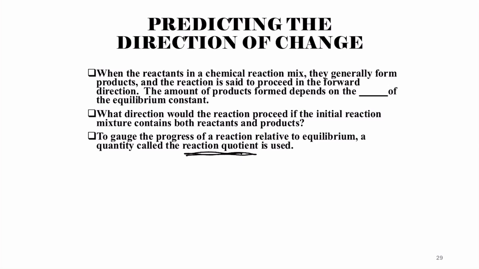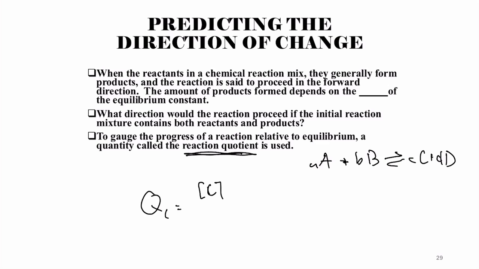The reaction quotient is going to be exactly the same as the equilibrium constant for a reaction aA plus bB going to cC plus dD, except the values of these concentrations represent something different.